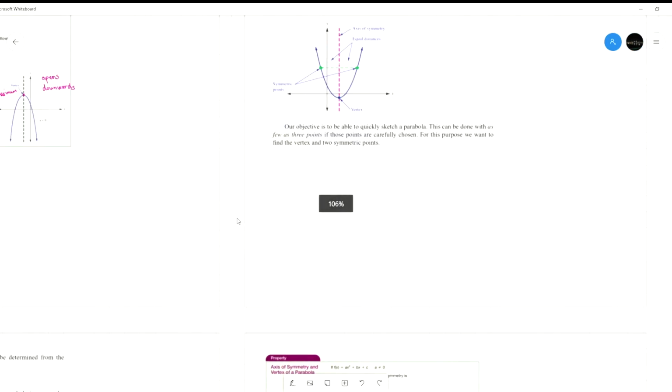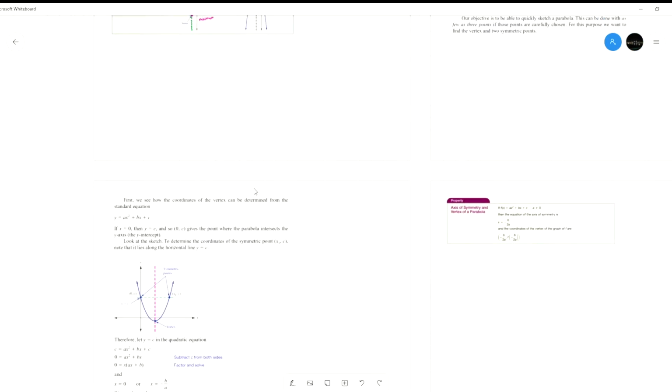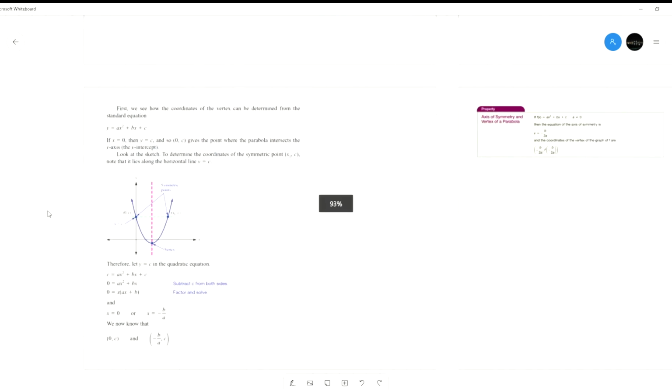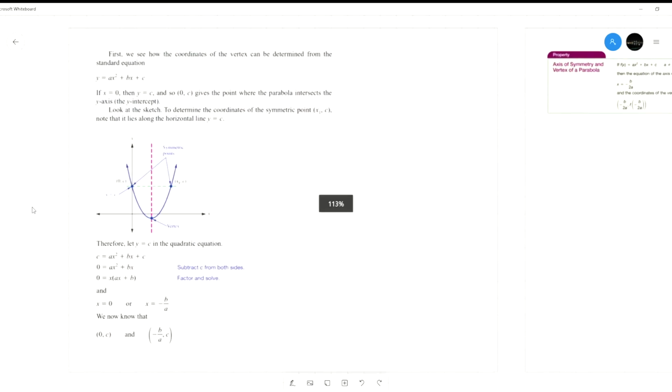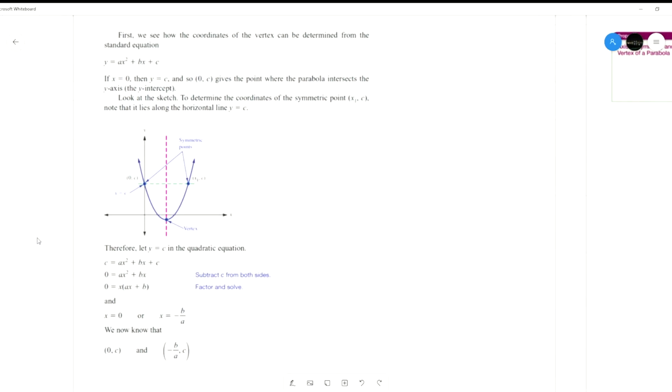Okay, let's see here. This is not our first example, but this is kind of explaining how if we use the equation y equals ax squared plus bx plus c, when x is equal to 0, that gives us the y-intercept.